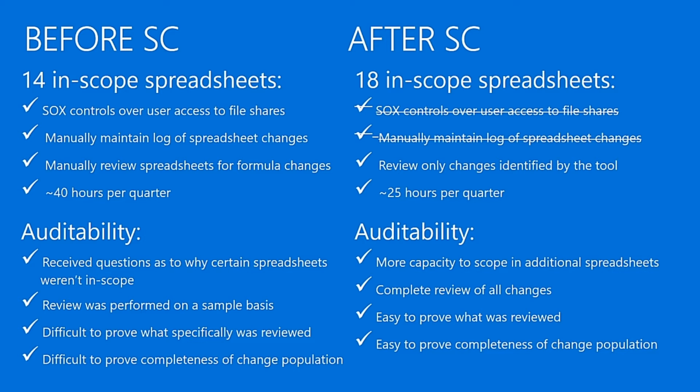We were able to eliminate the user access control. So we still have the control, but in terms of what we give to the auditors to prove that our numbers are right, that's not one of the things that they have to look at anymore. And it actually cut the amount of time that we spend reviewing spreadsheets in half. And I'm getting 100% assurance across everything, so I'm not looking at samples anymore.